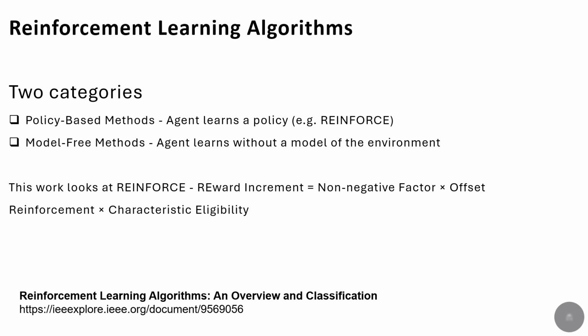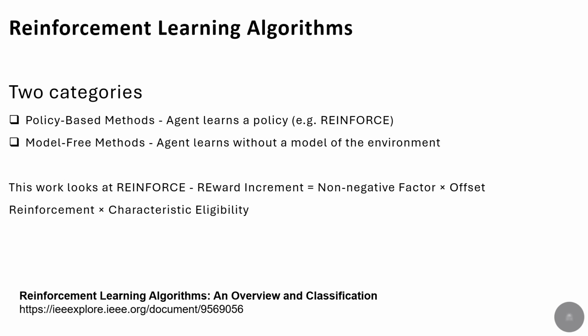Then look at some reinforcement learning algorithms. There are basically two categories from the research I carried out. There are those that are policy based, which basically learn a policy. A typical example here is REINFORCE. Then there are model-free methods, whereby the agents learn without knowing a model of the environment.